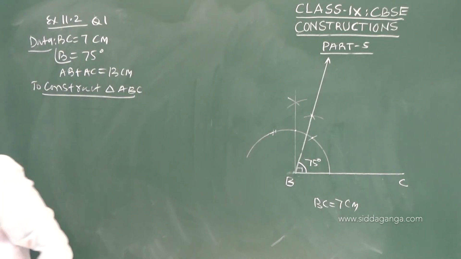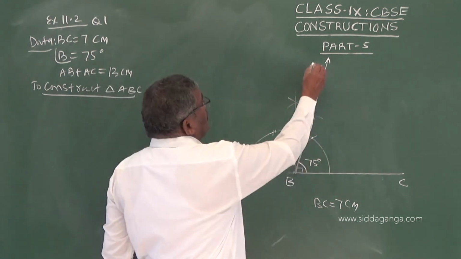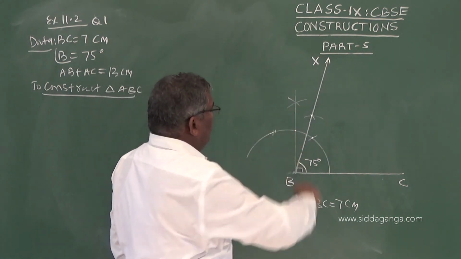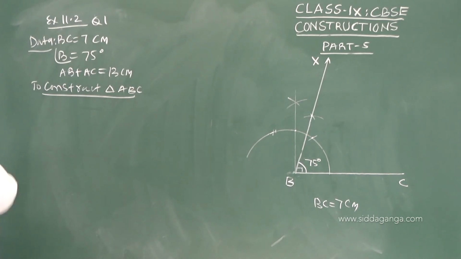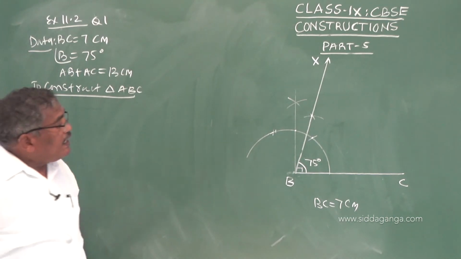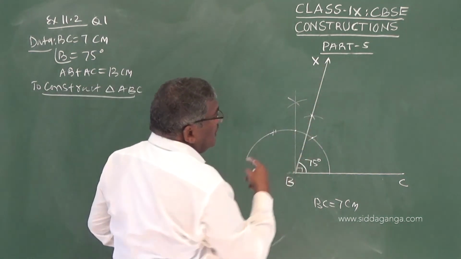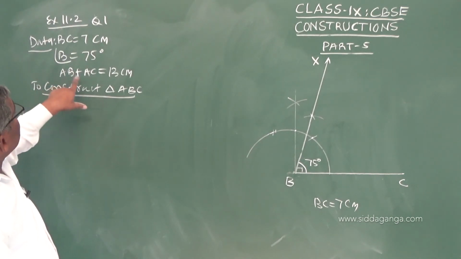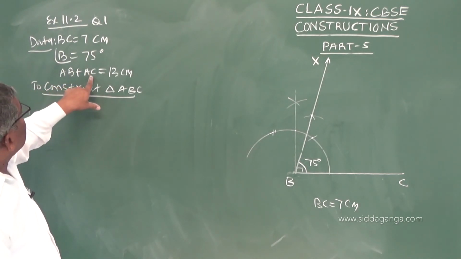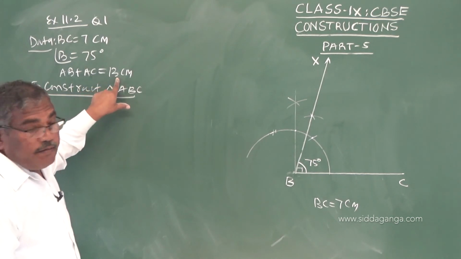Now we call this Bx. Now on this line Bx, take a distance equal to AB plus AC, 13 centimeter.